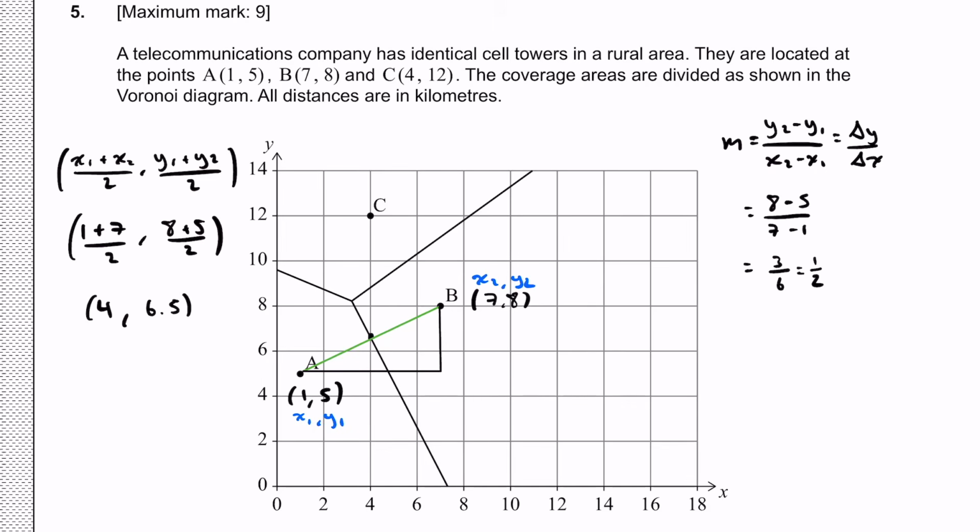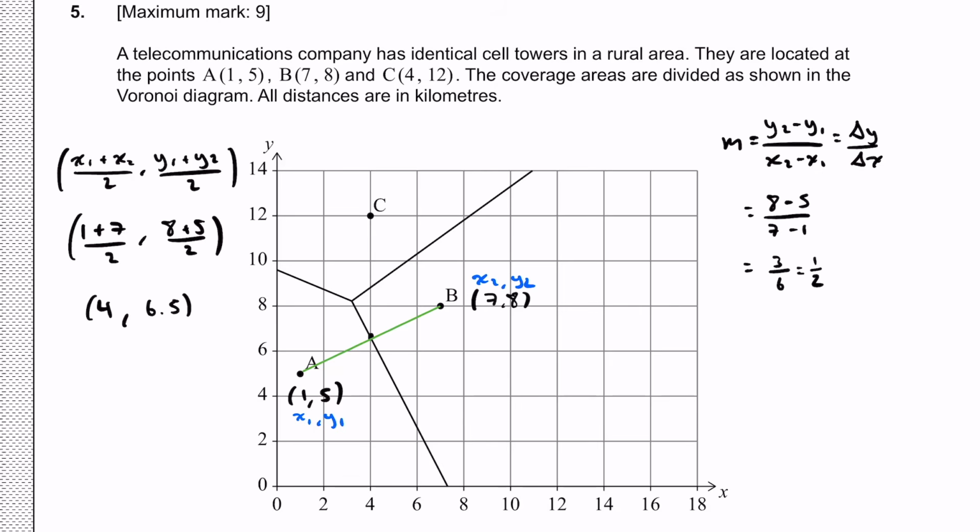If we're at 1 and we go to 7, we've traveled a distance of 6, and same, if we're at 5 and we go up to 8, we've traveled a distance of 3. And then rise over run is equal to 1/2. I think that's also a nice way to work it out. All right, I'm going to erase that for now so it doesn't clutter things.